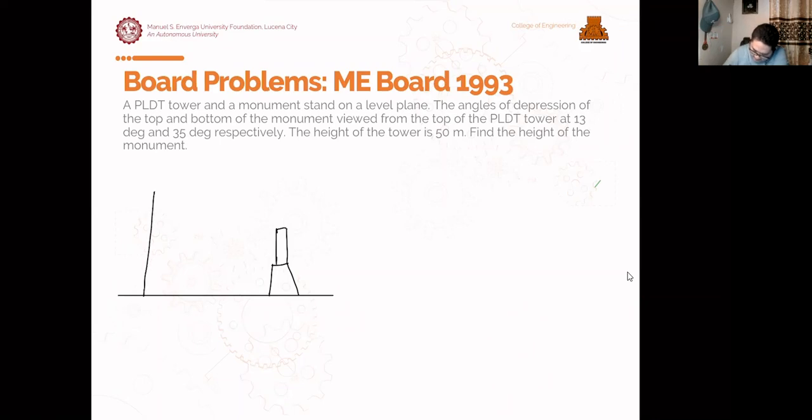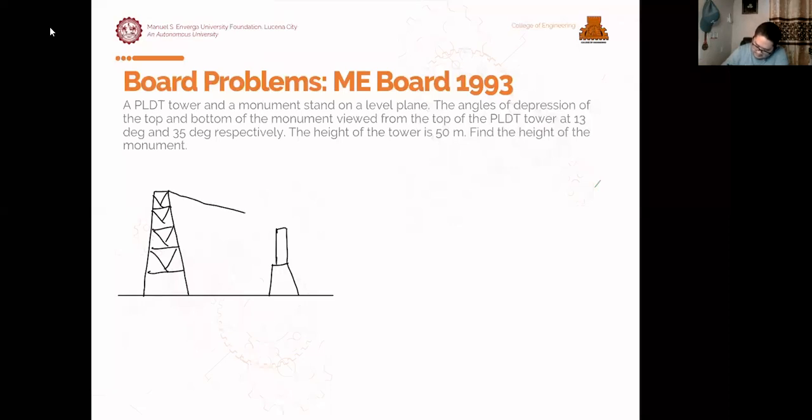Then ito halimbawa yung tower ng PLDT natin. Okay, so sabi, level plane, angle of depression from the top and bottom of the monument.